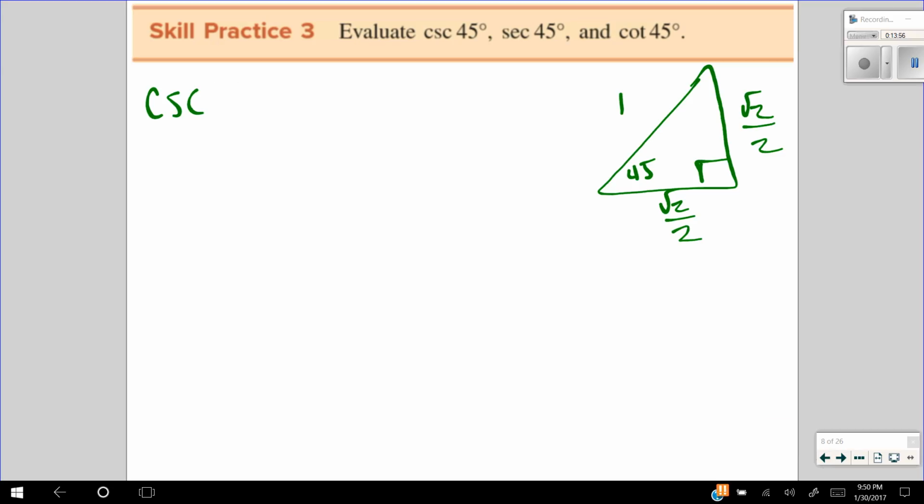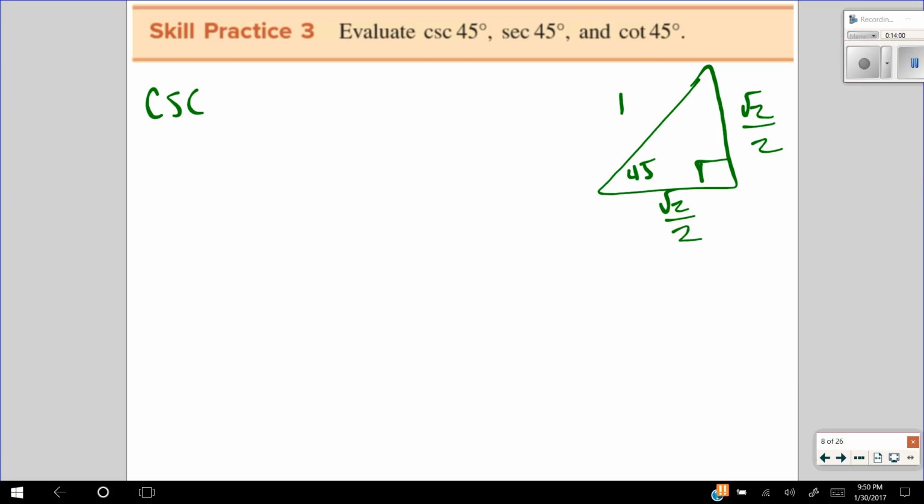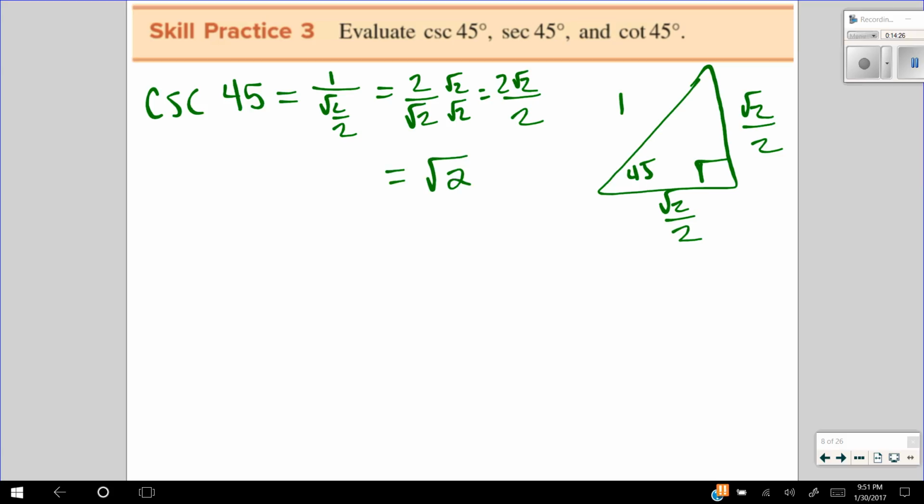Cosecant is the reciprocal of sine, so hypotenuse over opposite, root 2 over 2, which basically just flips it. So we get 2 over root 2, which if we rationalize gives me 2 root 2 over 2, which is just the square root of 2.